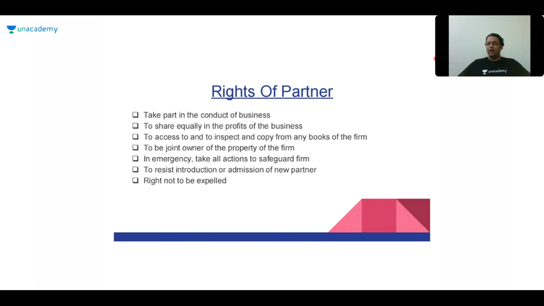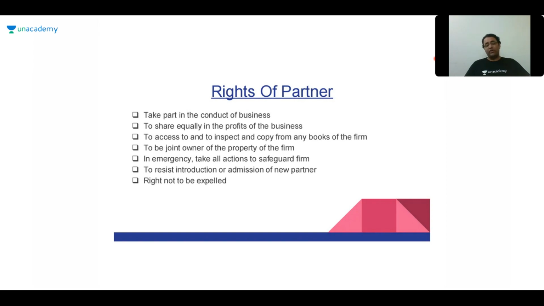Okay, in that case, if ABCD and Co was a partnership firm, then my first question is, why did they end the partnership if they want to come back into partnership again? Okay, anyway, for some reason, if they ended the partnership A, B, C, D, and Co, and now they want to come back as partnership, they have a choice of either starting a normal partnership firm under the Indian Partnership Act 1932, or start an LLP, that is a limited liability partnership, under the Limited Liability Partnership Act 2008.